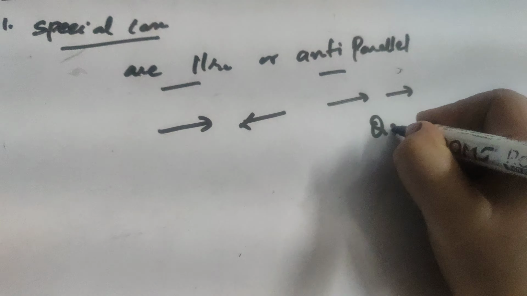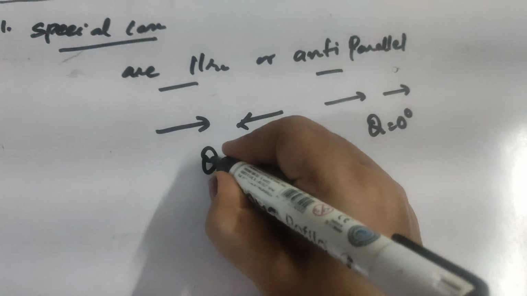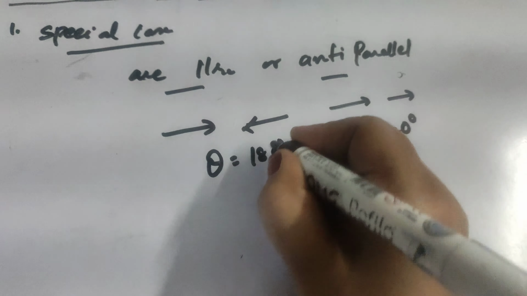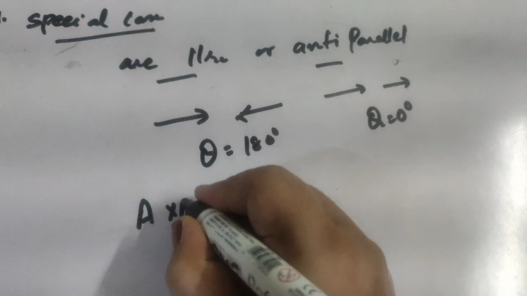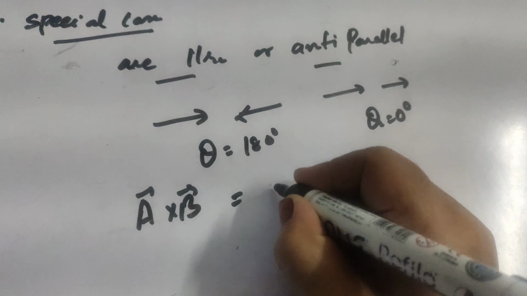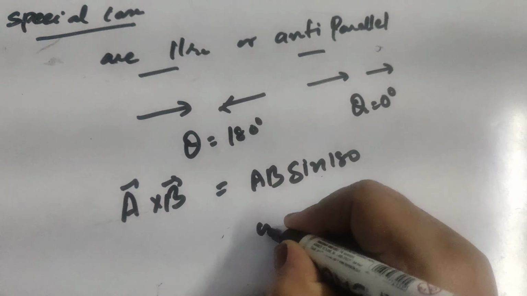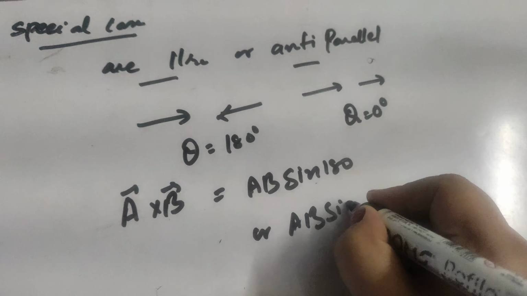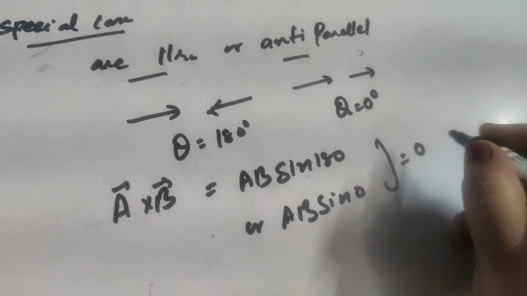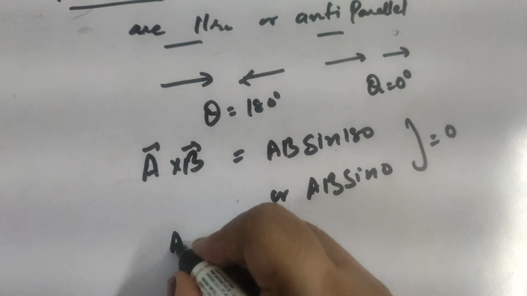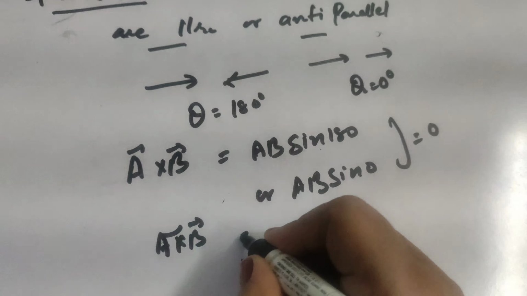In this case theta is equal to 0 degree and in that case theta is equal to 180 degree. So from the cross product, A cross B is equal to AB sine 180 or AB sine 0. Both are equal to 0. So the cross product of two vectors is 0 in that case.